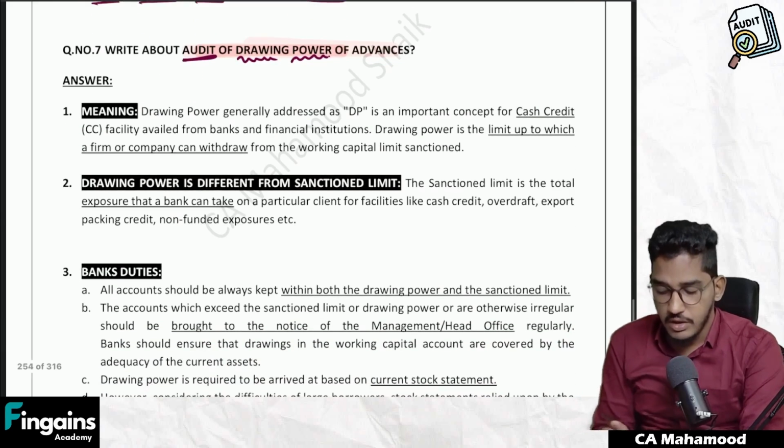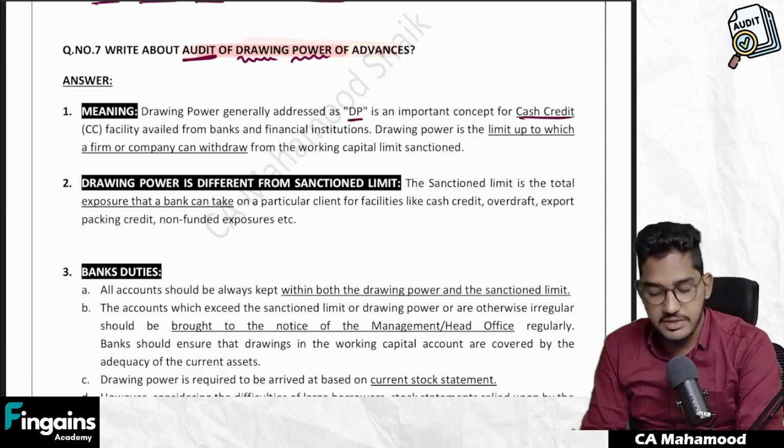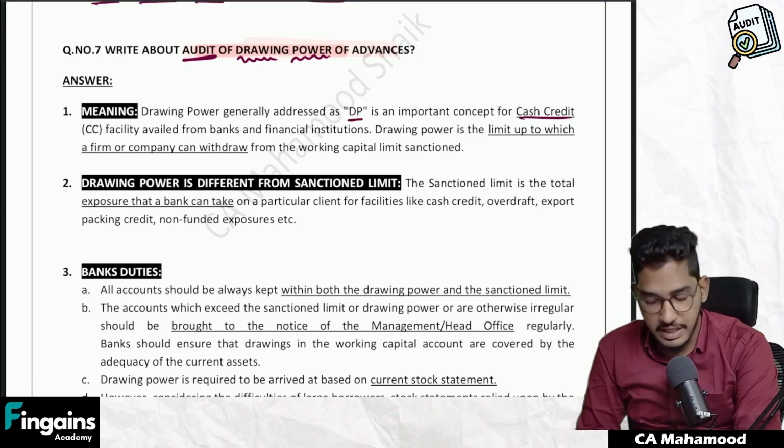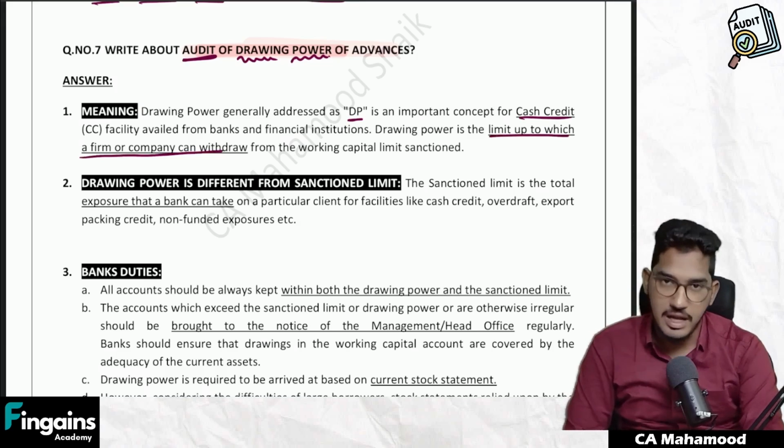So what is the meaning of drawing power? Drawing power, generally addressed as DP, is an important concept for cash credit facility availed from banks and financial institutions. Drawing power is a limit up to which a firm or company can withdraw from the working capital limit sanctioned.